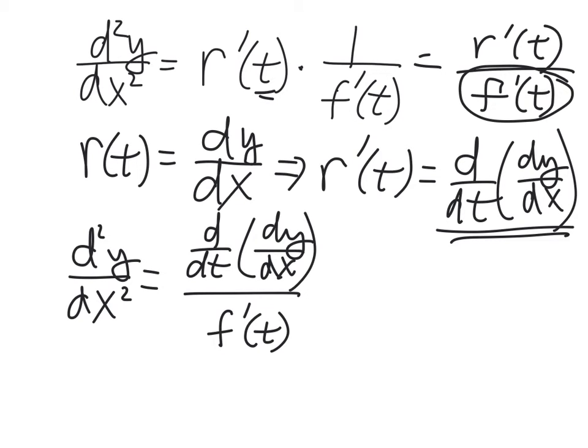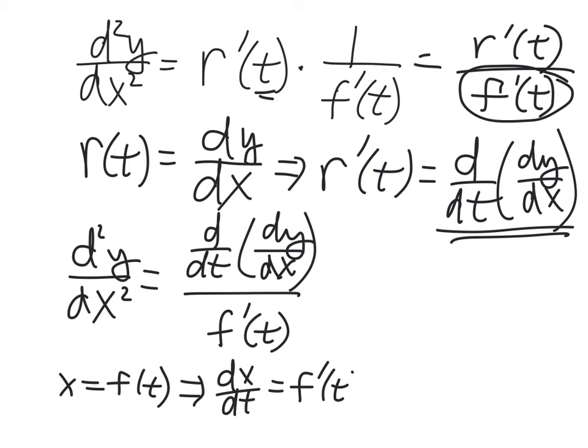F primed of t, well, where did that come from? From our original definition of our parametric equation, x was equal to f of t, so f primed of t is the derivative of x with respect to t. That happens to be the denominator of dy by dx.